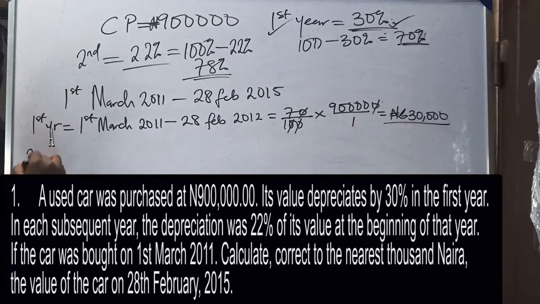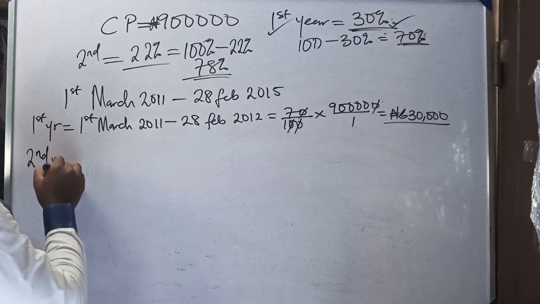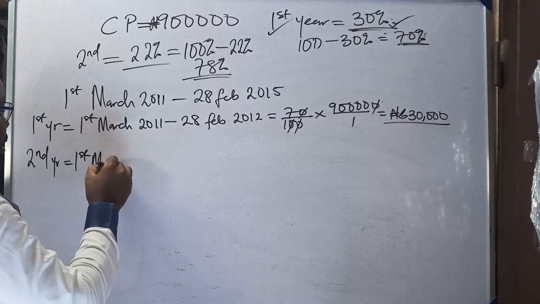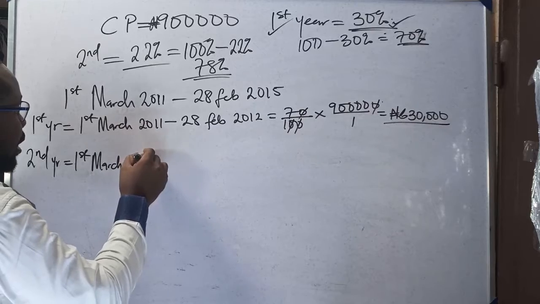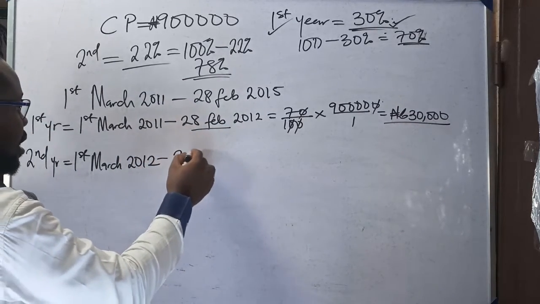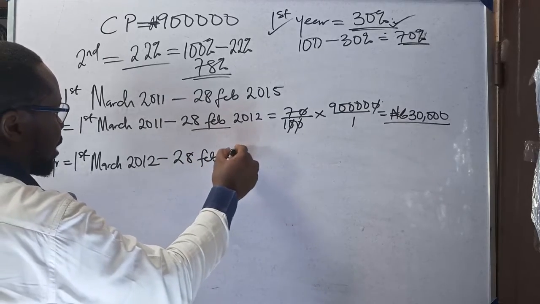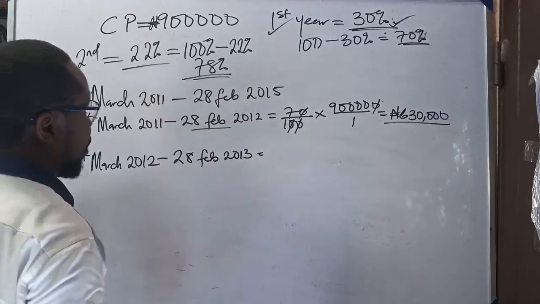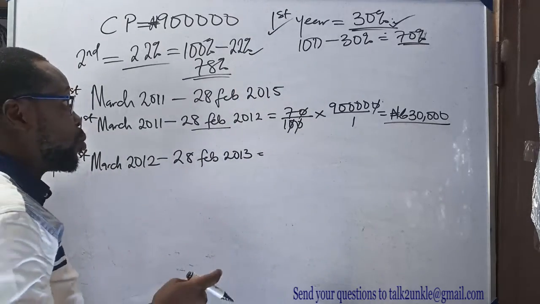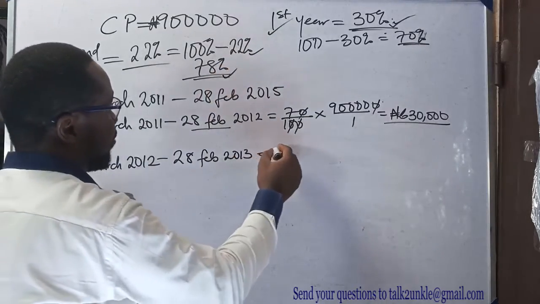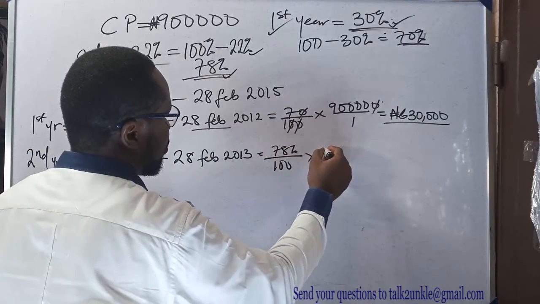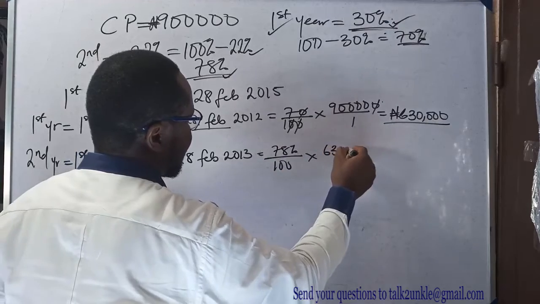Then for our second year, which is from 1st March 2012, the next day after this, to 28th February 2013, we're now depreciating by 22%. Like we explained, if you're depreciating by 22%, that means you're getting a value of 78% residual value times what? 630,000.